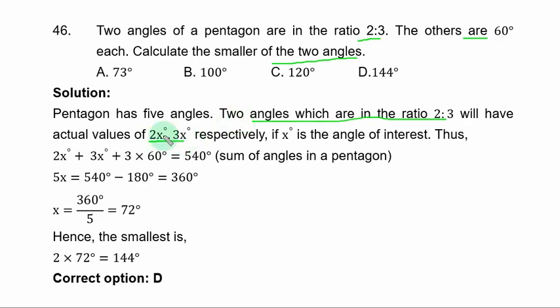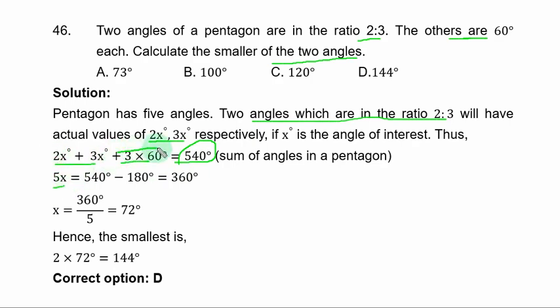Since you have 5 angles in a pentagon and you know 2 already, 3 are left, and the remaining angles are 60 degrees each. That means 3 times 60, which is 180. 540 degrees is the sum of angles in a pentagon. So if you add 2x plus 3x, you have 5x.